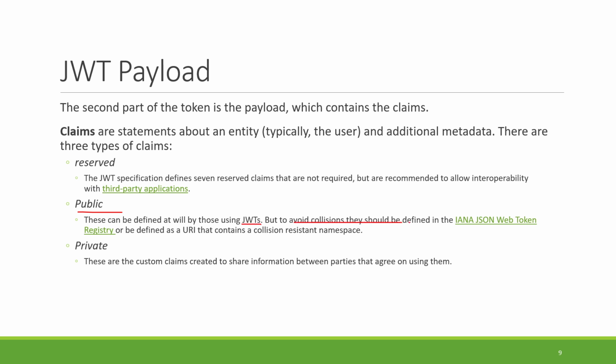To avoid a collision, they should be defined in this one. They may exist, but I have never used this one, because for these 2, I don't differentiate them. There's also private, which is customer controlled. What do you want to be shared? I want to share the ID. I want to share the authorities. But generally, we don't share passwords, okay?